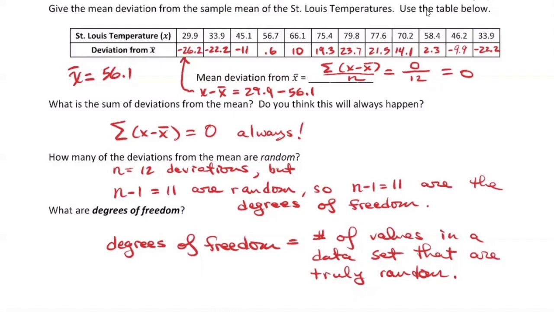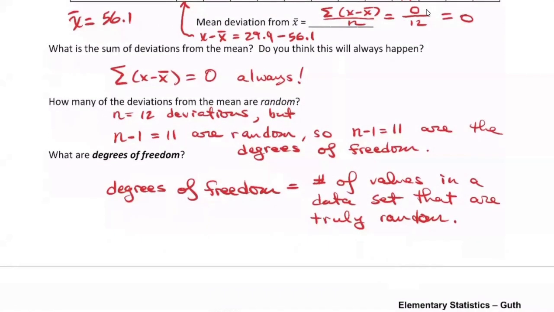Here there were 12 values and 12 deviations from the mean, but because they always add up to 0, the last one always has to be the number that makes the total 0. So while there are 12 values, only 11 of them are random. So we say there are n values, but n minus 1 of them are random, and those are called the degrees of freedom.